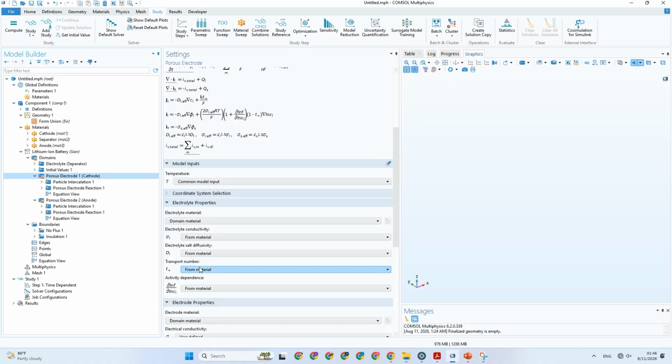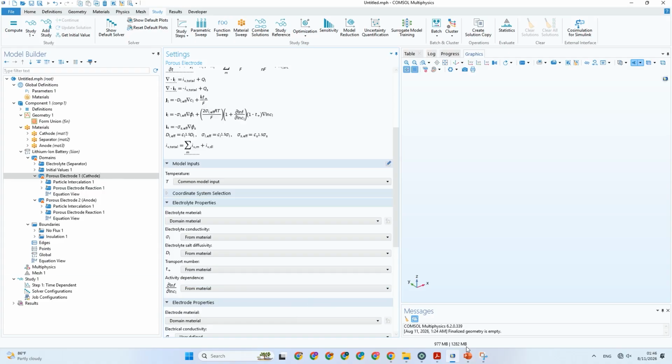Transport number we can use for material. We must add it here, but after drawing the geometry, we define every one of these materials to the specific geometry. Then we can add from material and define the values.